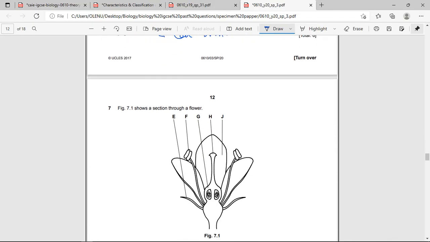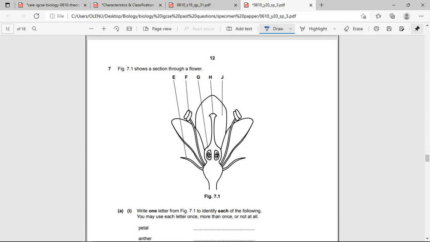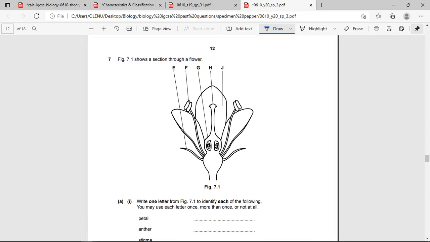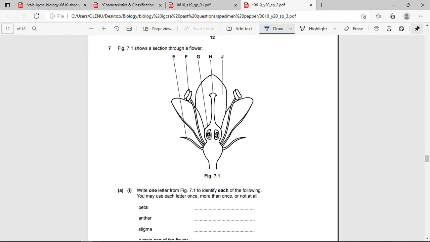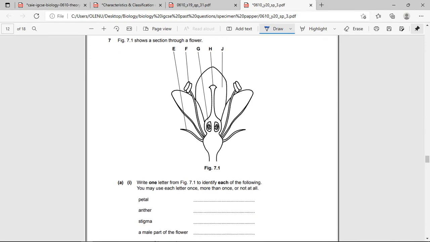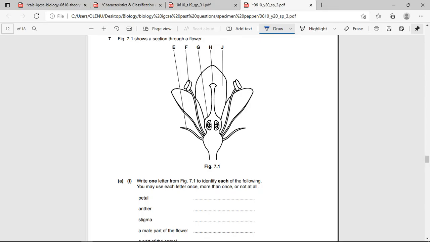Next, I have reproduction in plants. Here we have a flower. So, what is the question now? Write one letter from figure 7.1 to identify each of the following. You may use each letter once, more than once, or not at all. Petals.